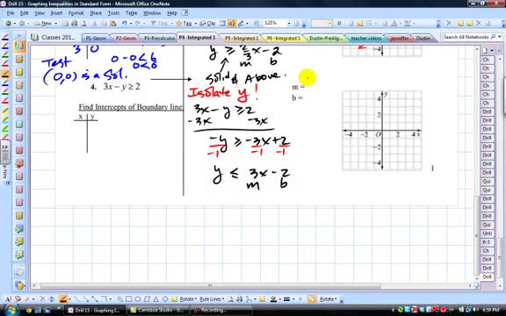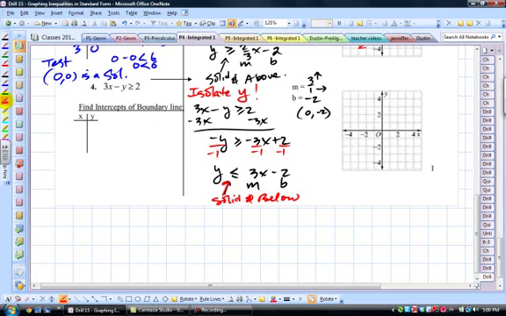There's my slope and there's my y-intercept. The slope is up 3, right 1. The y-intercept is negative 2, or 0, negative 2. And just by looking at this, I know that this is solid, and it's less than, and the solutions are below.